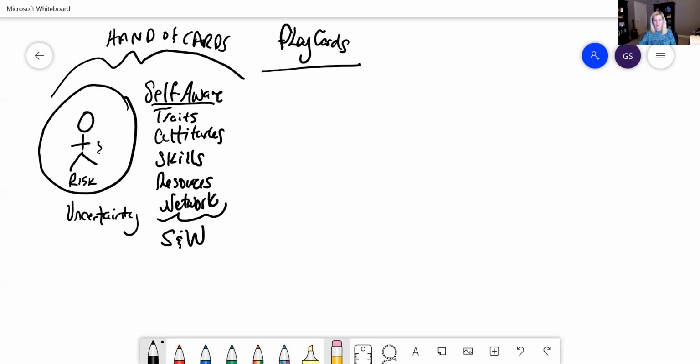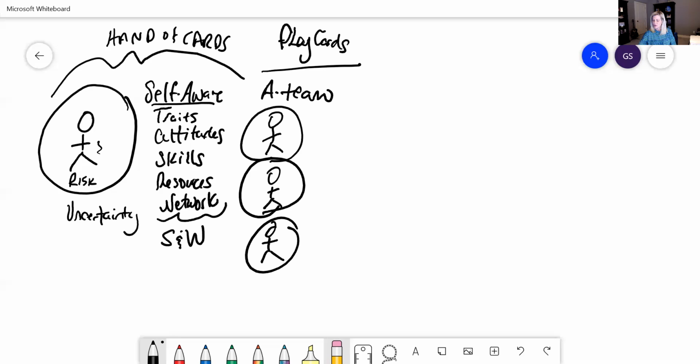So now we're going to play the cards. The first way that we start to play these cards is by building our A team. Regardless of what goal you're trying to achieve, you want to surround yourself with an A team to help you accomplish this. And we know that the proper way to pick a team is to pick individuals with diverse backgrounds than us, people who have different sets of strengths and weaknesses, so that their strengths prop up our weaknesses and so forth.